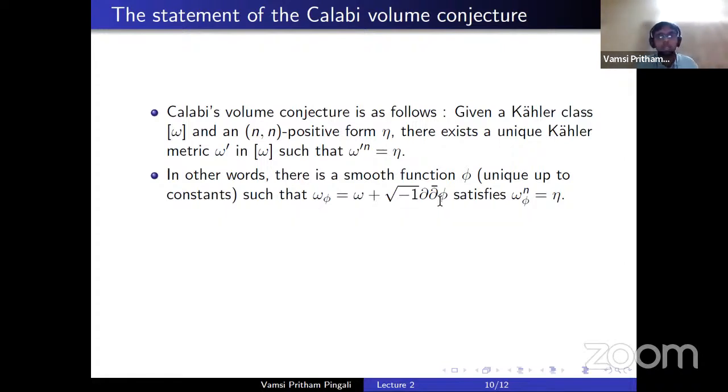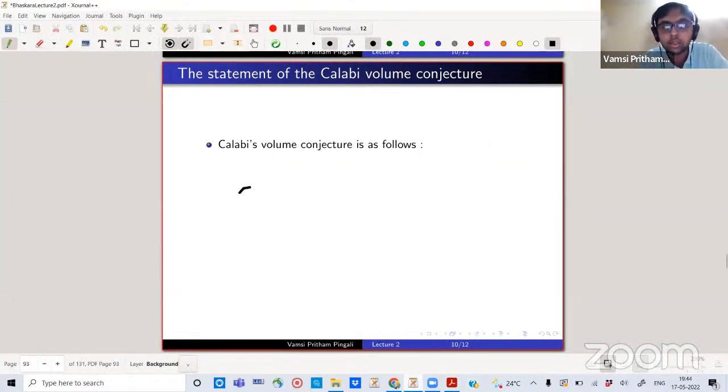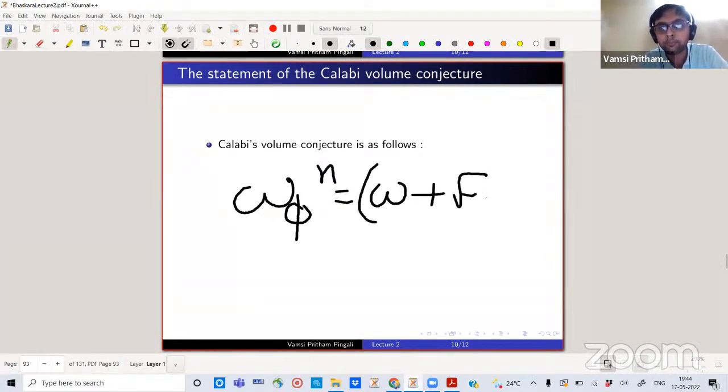So this equation, let's actually explore it a little bit further. So omega phi raised to n is this, right?